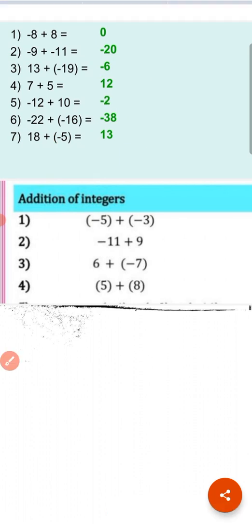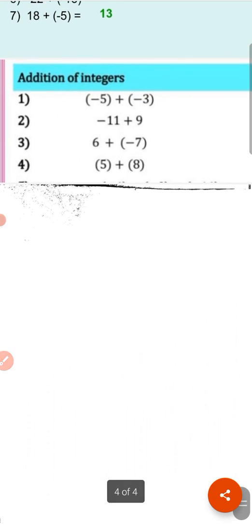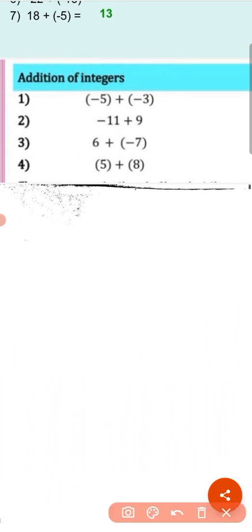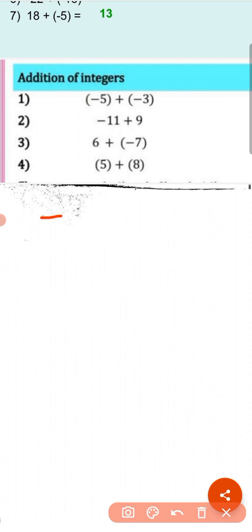Let us do more examples, children. Here in this question, negative 5 plus negative 3. Both are negative. So 5 plus 3, 8 and put negative sign. So our answer is negative 8. Okay. Next is negative 11 plus 9.